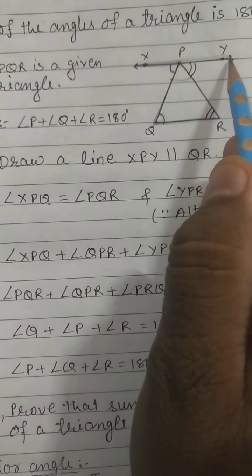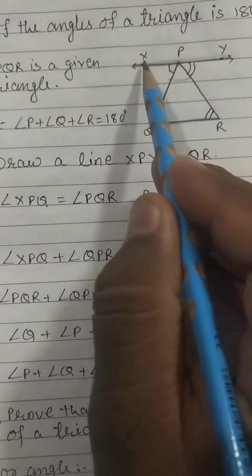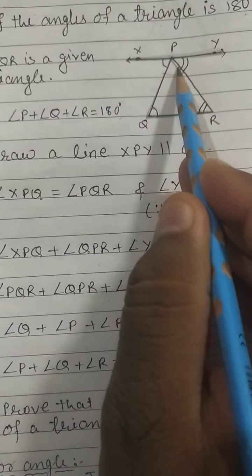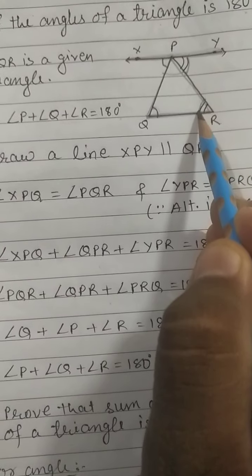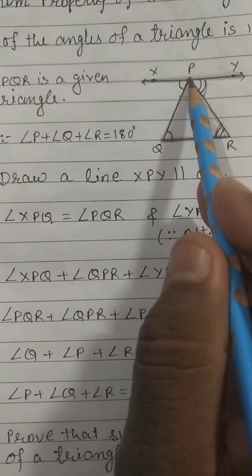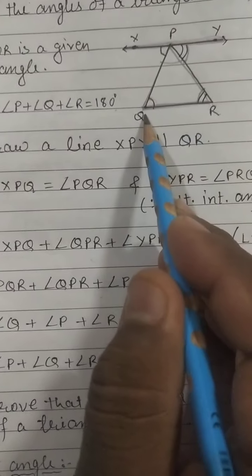Similarly, PY is parallel to QR also, because PY is also a part of XY. So this time this Z is made here. So this angle and this angle are also alternate interior angles, that is angle YPR is equal to angle PRQ.